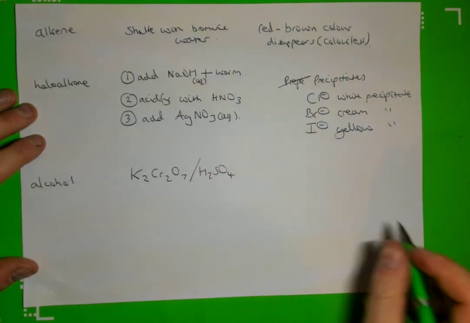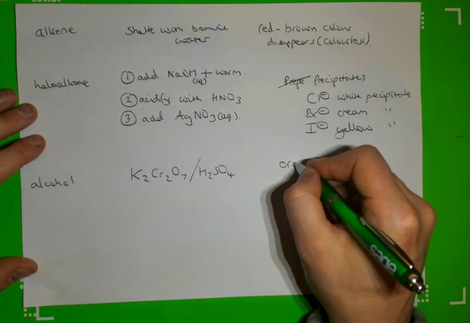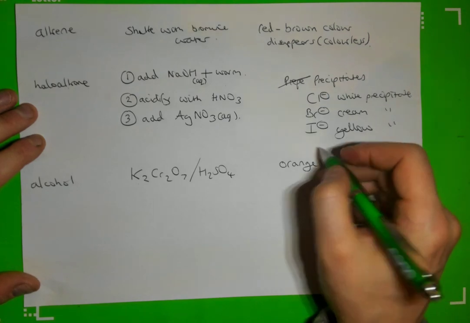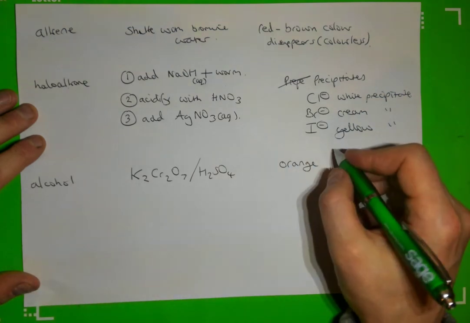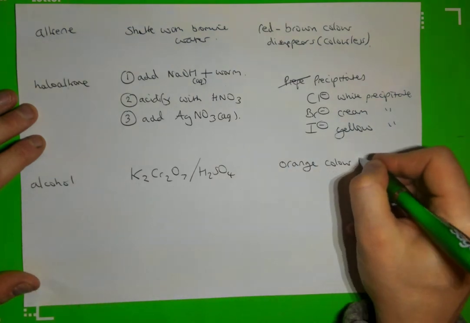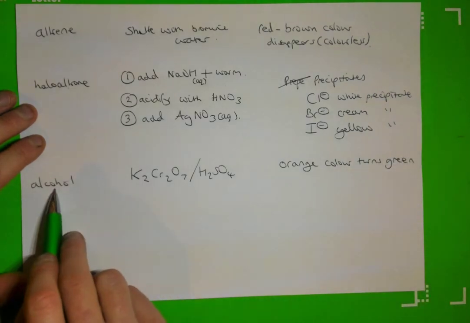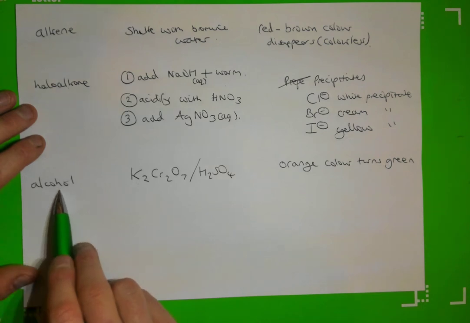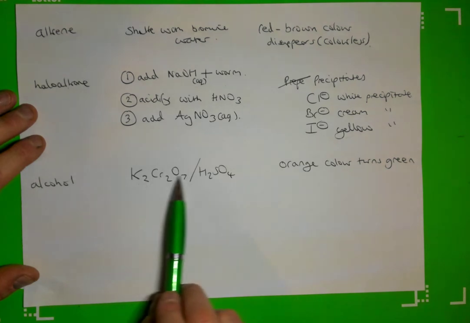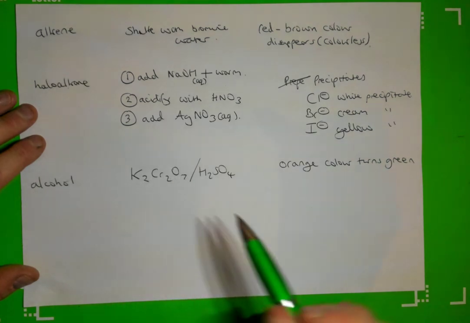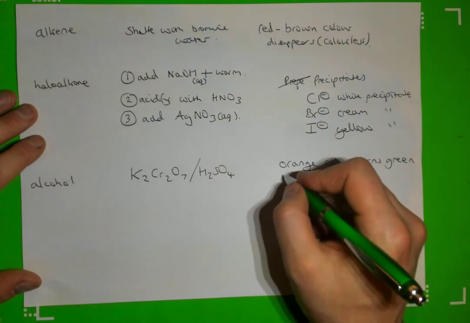The potassium dichromate is orange, and if the acidified potassium dichromate reacts with that alcohol, it turns green. This would be an oxidation reaction because the alcohol will be oxidized, so the acidified potassium dichromate will in turn get reduced. Now this will only work with a primary and secondary alcohol or an aldehyde.